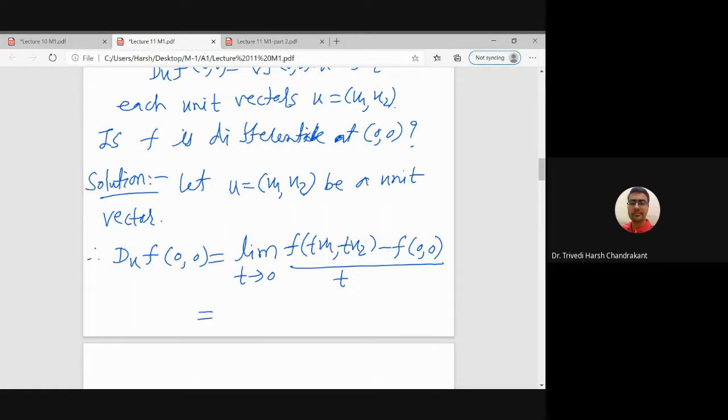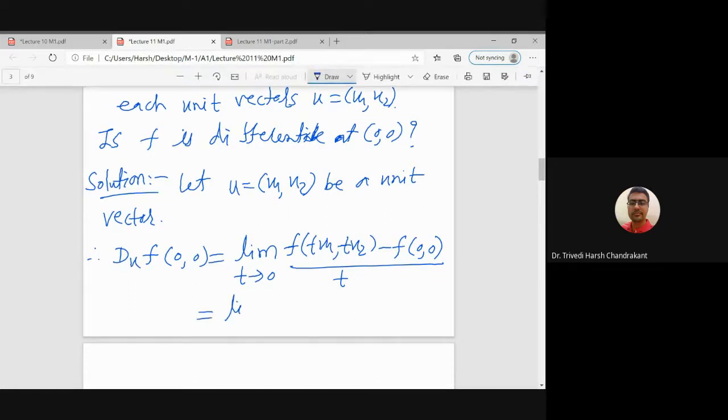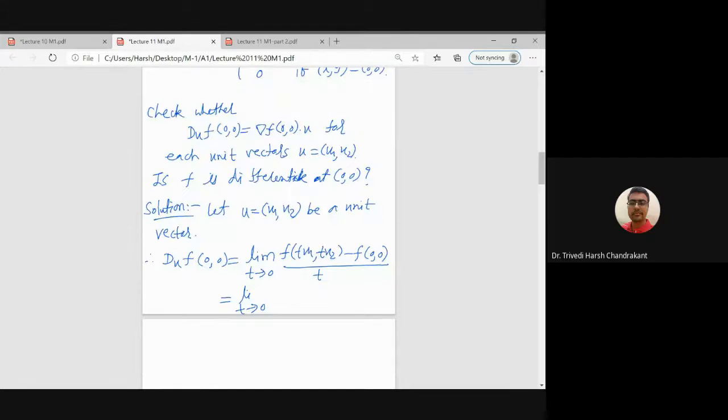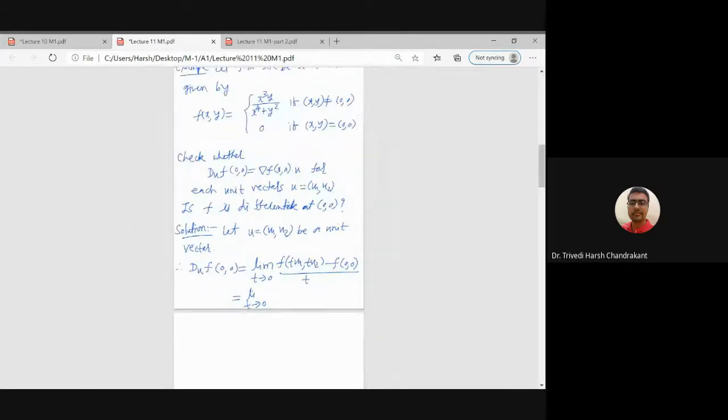Now in this definition we will just substitute the value of the function. So let us see what it becomes. The function is x cube y divided by x power 4 plus y square.